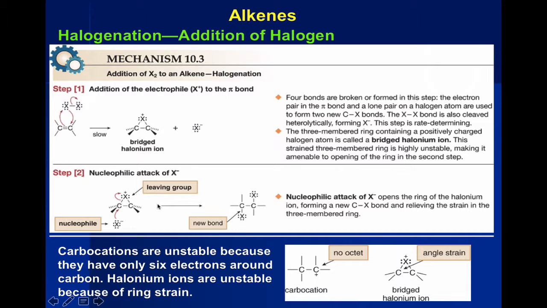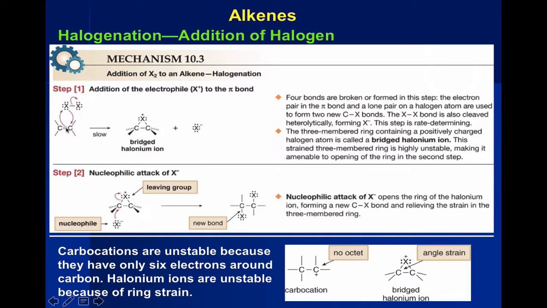And it just so happens that the leaving group stays attached to the molecule. And so in relieving that ring strain, that's the driving force here, and you end up with the trans dihalide. So it's this three-membered ring that explains why you have to have the halogens added in an anti fashion, or trans to one another.